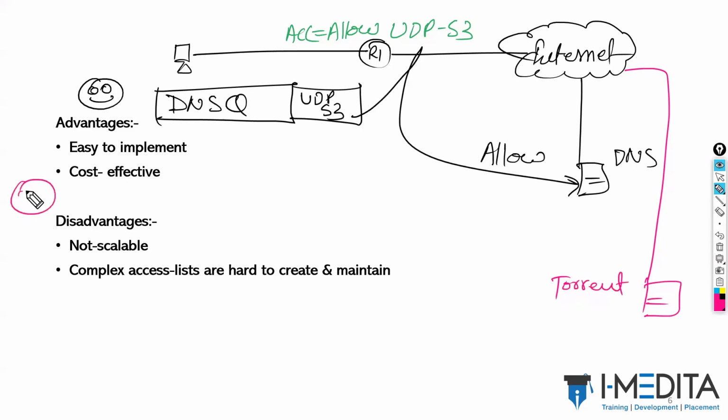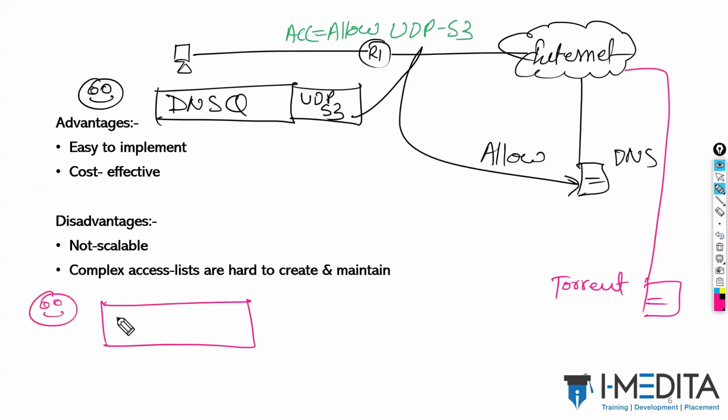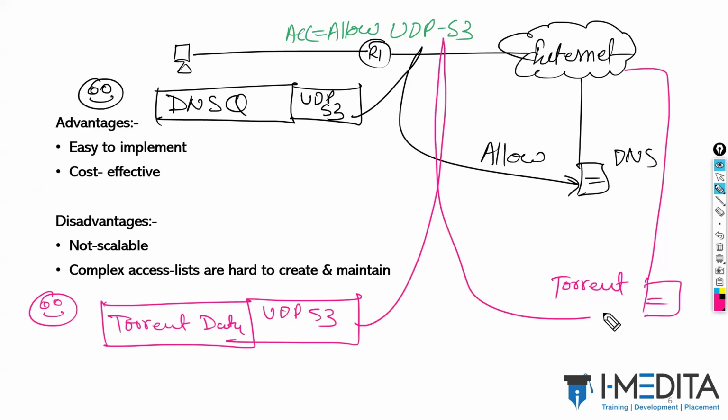Now, what will the client do? The client will send torrent data that will be encapsulated under UDP port number 53. According to this ACL, that torrent traffic or packet is also allowed. Got it?